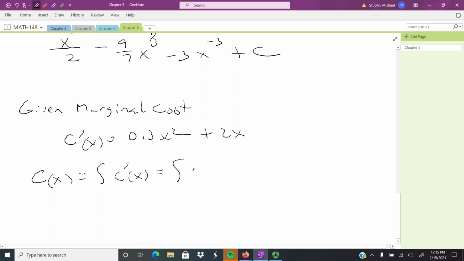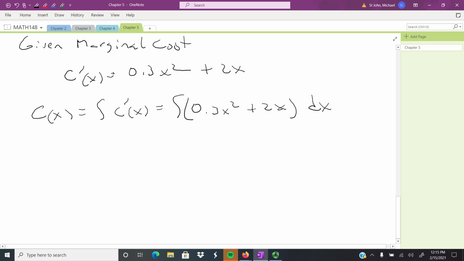So I can integrate 0.3x squared plus 2x. So we integrate this, we get 0.3x cubed over 3 plus 2x squared over 2 plus k, which becomes 0.1x cubed plus x squared plus k.